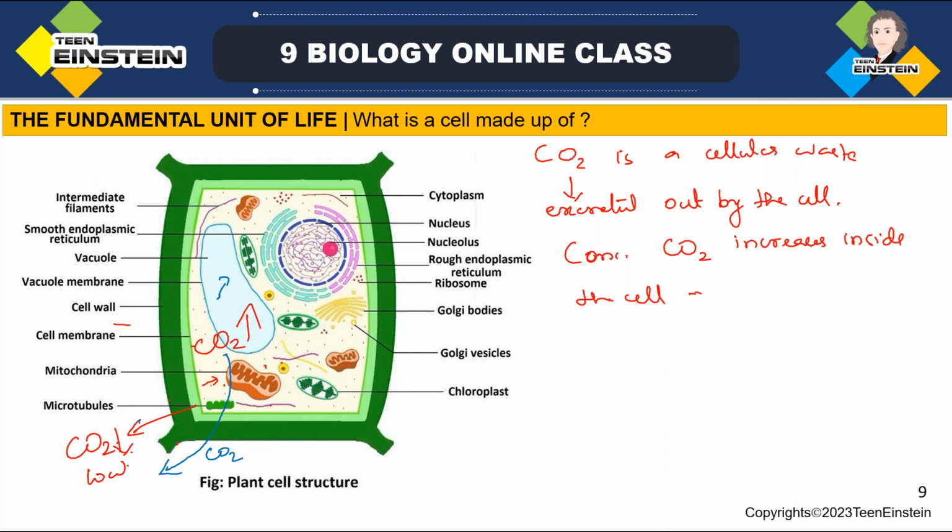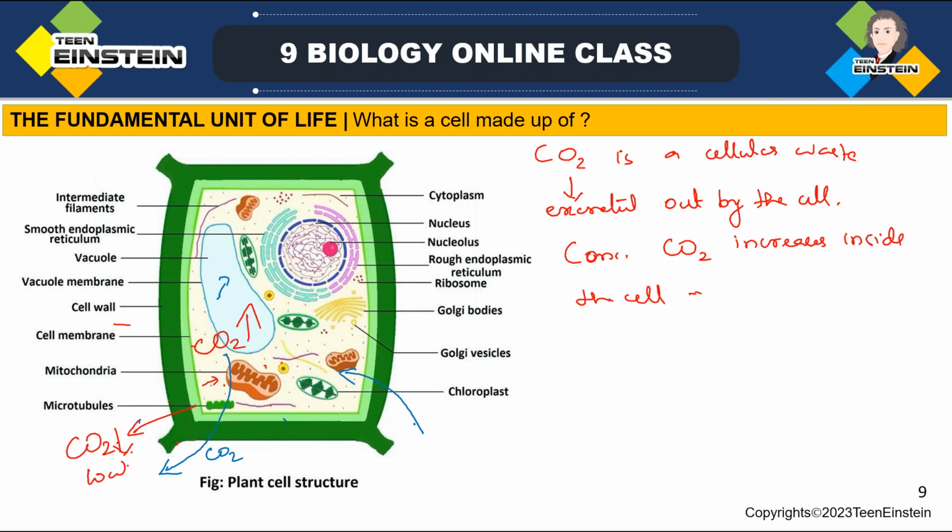And in the same way, oxygen is entering. Here the waste is carbon dioxide, so that is getting accumulated. But oxygen is exactly opposite. From outside, oxygen is entering inside the cell by the process of diffusion.